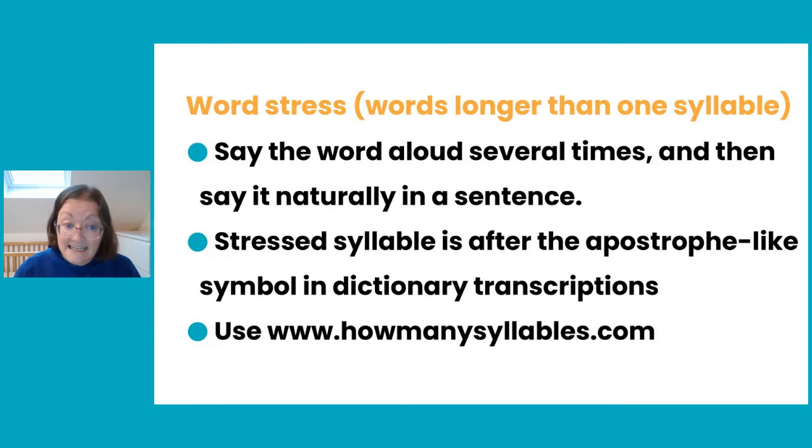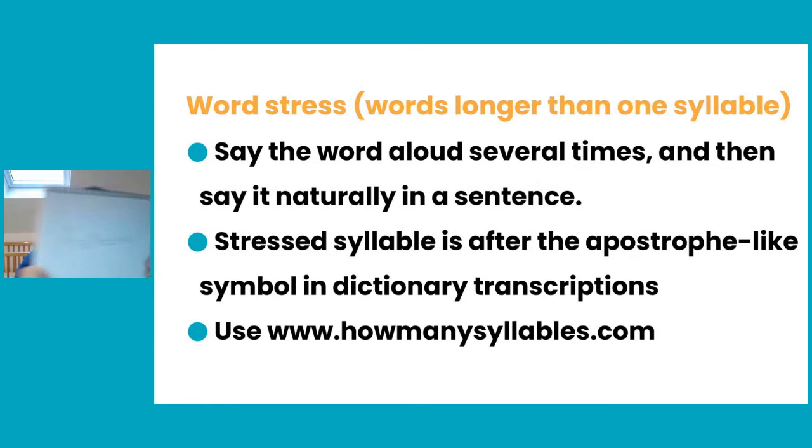Another way you can check this is by looking in the dictionary. Remember, we said that when you look up a word, there's generally the phonetic script beside it in the slanted brackets. The stress syllable is after the apostrophe-like symbol in dictionary transcriptions. I have it written out here. Let's see if I can line it up with the camera. So this is the word phonetics, written in phonetic script.